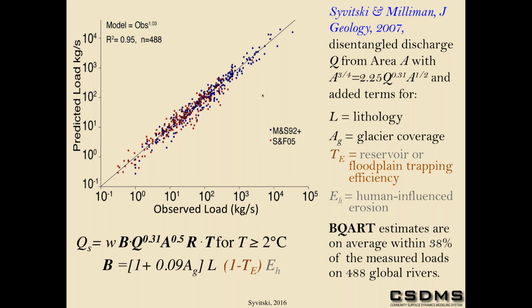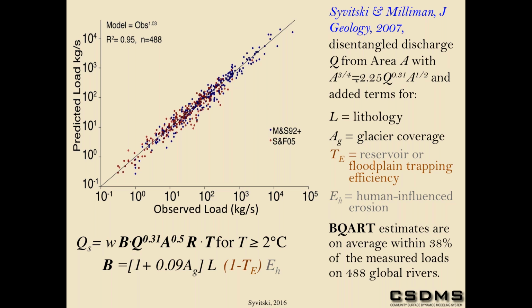We didn't like the idea that there were two separate unrelated formulas, this QRT and this ART. And so we tried to combine them into a single equation. We did this through this area to the 3/4, which was in the ART formula, and directly introduced the discharge into it. And this comes from global observations.